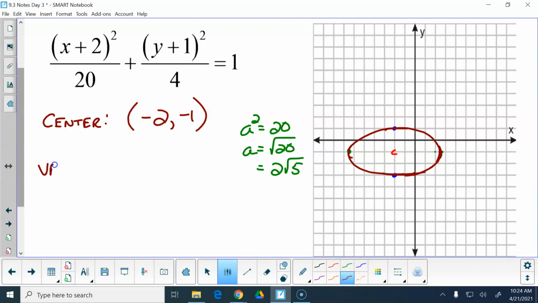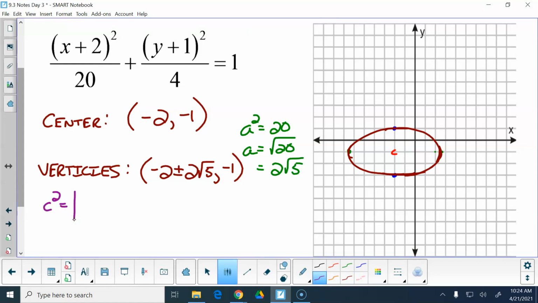So my vertices then would be at -2 plus or minus 2 square roots of 5, comma, -1, because that would be the endpoints of the horizontal major axis. c squared is going to be 20 minus 4, that's 16. And the square root of 16 is 4.